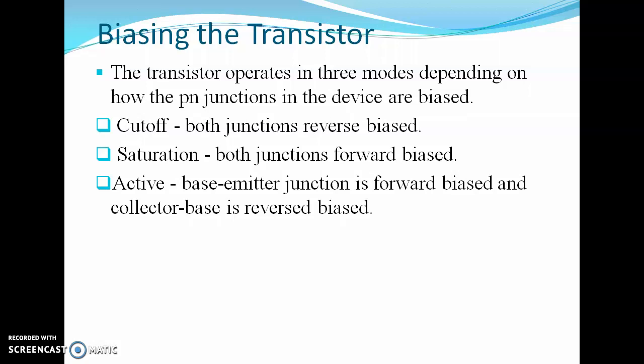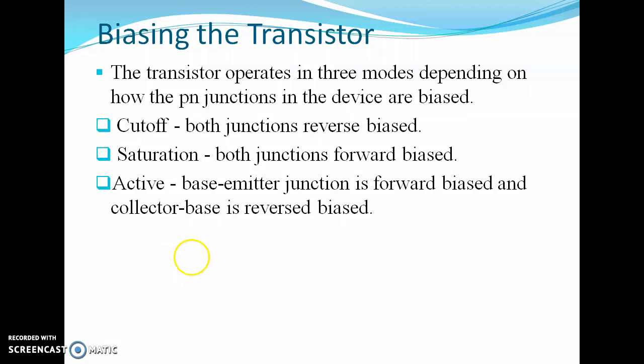And the third mode is active, where the base and emitter junction is in forward bias and the collector and base junction is in reverse bias. So these are the three modes by which we can connect a transistor into the circuit and make the transistor operate or not operate. So it will act as a switch.